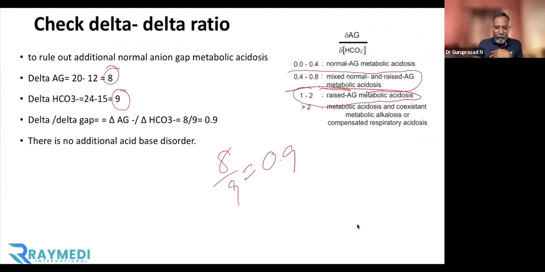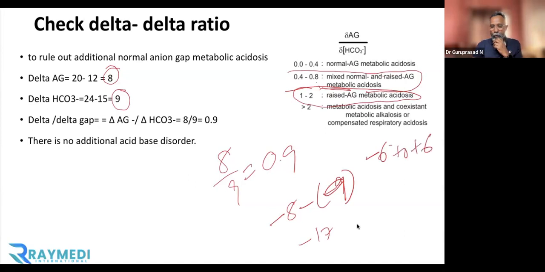So we'll see what happens if you do a delta ratio. Delta ratio is minus 8 minus of minus 9. Sorry, minus of 9. So minus 8 minus 9 will be minus 17.